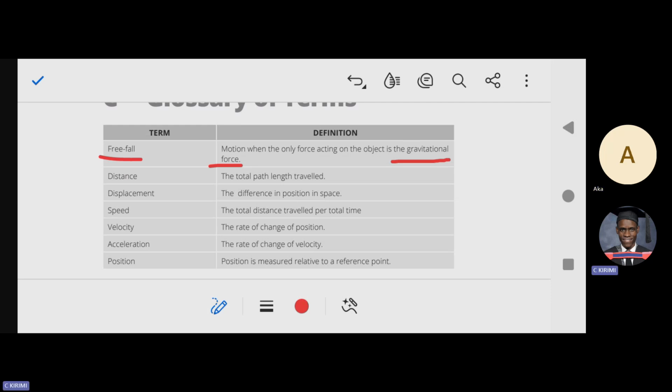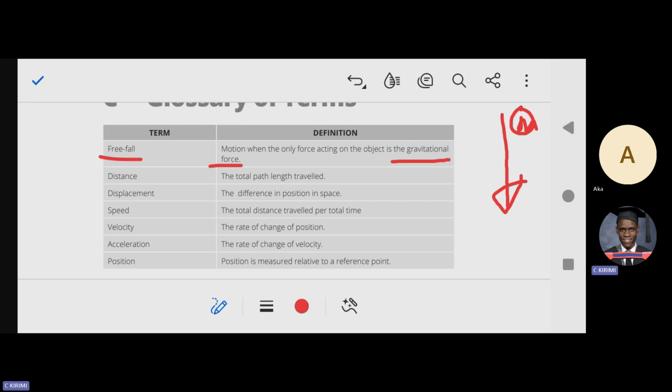There are no other forces. The object of mass m is just going downwards. No other external forces, no air resistance. It's just free fall.